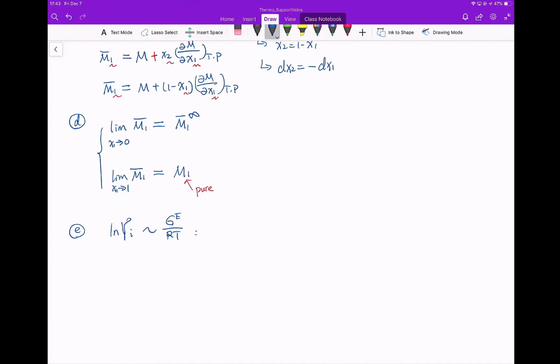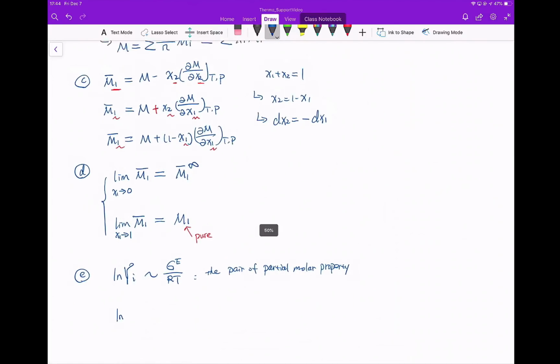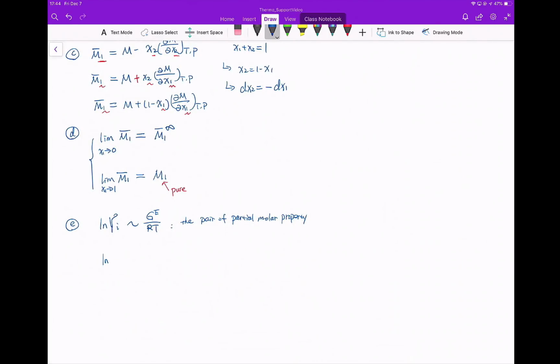So they are the pair of partial molar property, which we can have like we did in the useful equation C. If I have a binary system, this is activity coefficient 1 is the total, total is GE over RT minus the other x2 times partial derivative of total GE over RT over dx2, keeping temperature and pressure fixed. Okay.